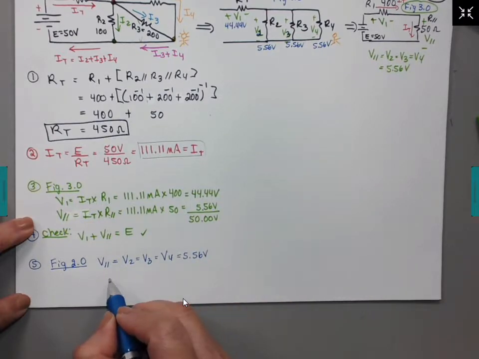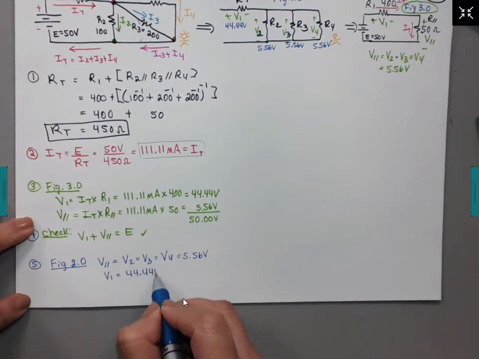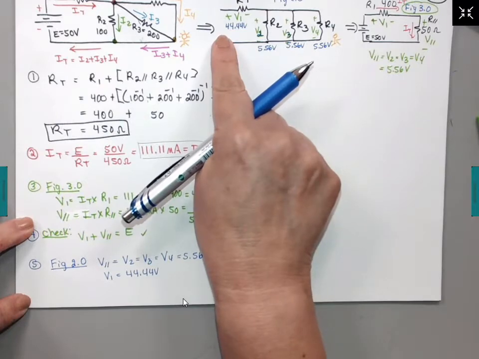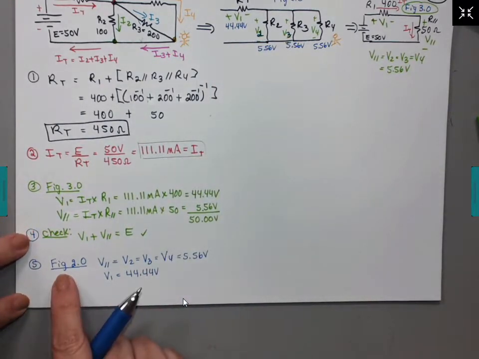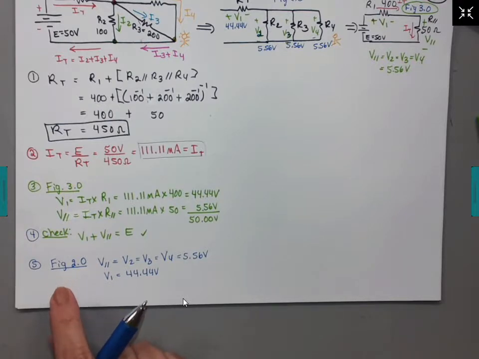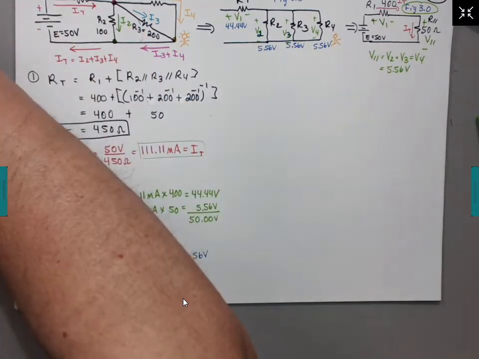So, these guys are all 5.56 volts. And my V1 is equal to 44.44 volts. It's still equal to E, right? They're still equal to E. So we are in figure 2.0. So now we're going to go find, guess what? All the currents through all the different branches. And we're going to go back to figure 1.0.